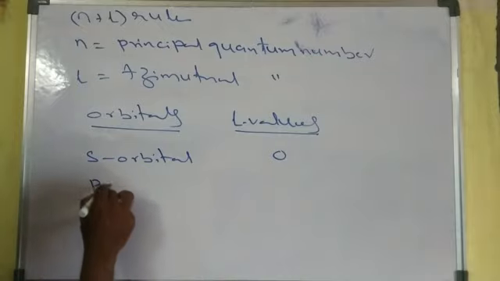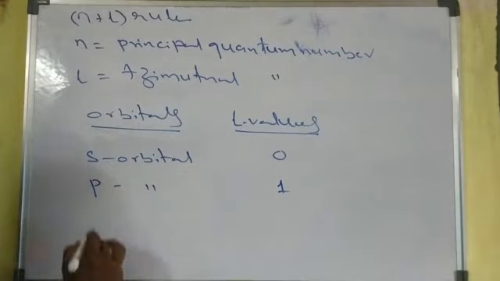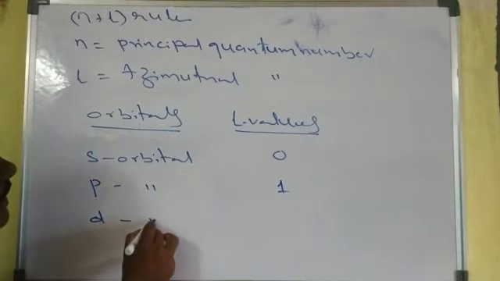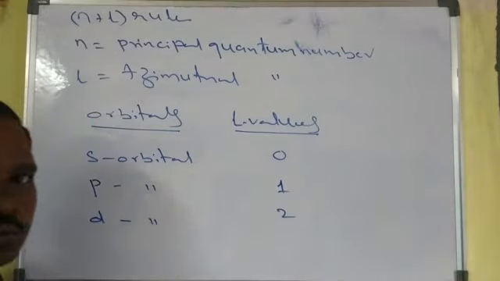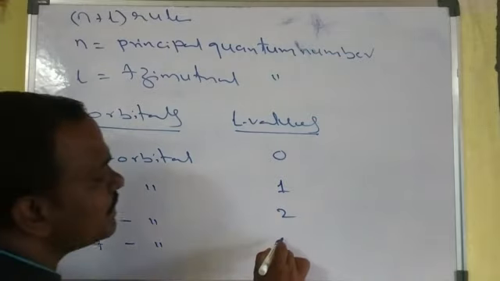For p orbital, l value is 1. For d orbital, l value is 2. For f orbital, l value is 3.